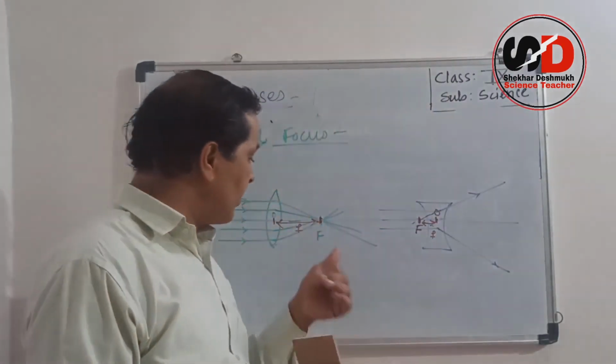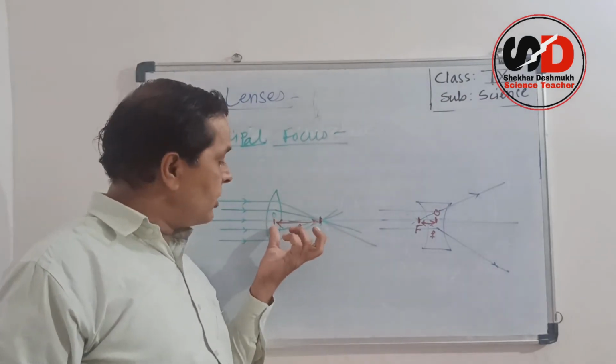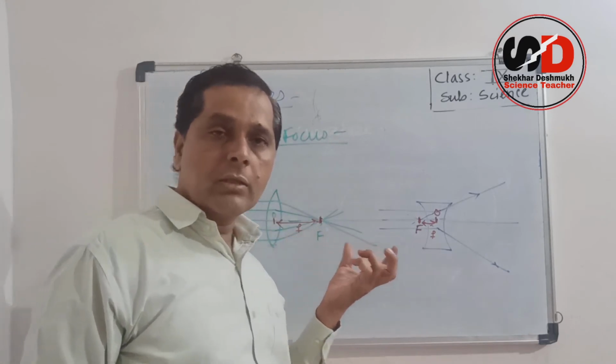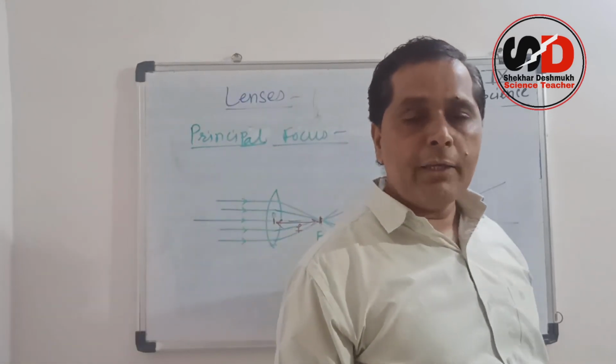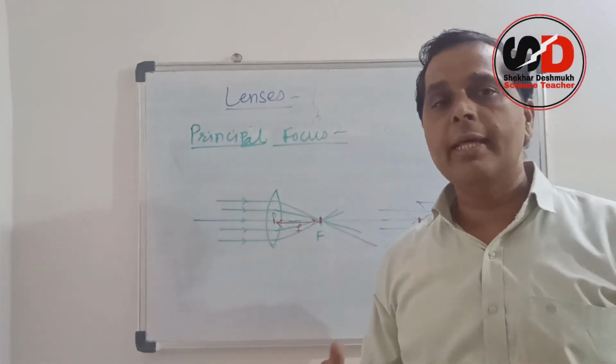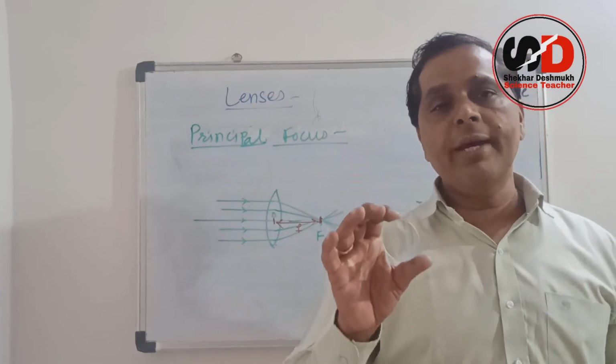And the distance between the focus and the optical center O, that means the lens, must be the focal length. So by using this simple experiment, we can find out the focal length or focus of a given convex lens.